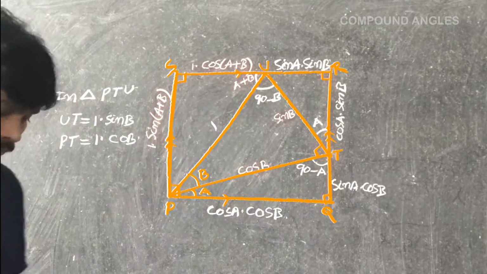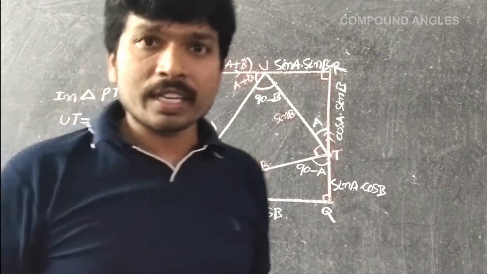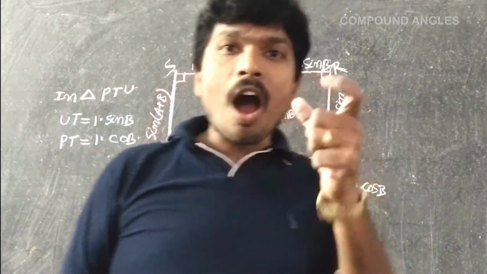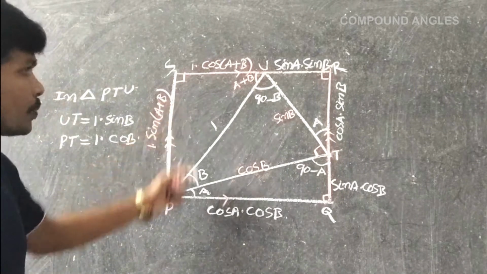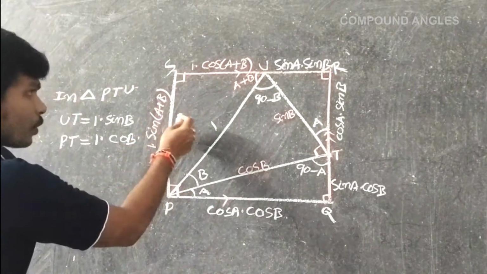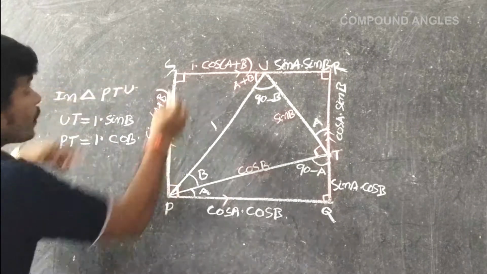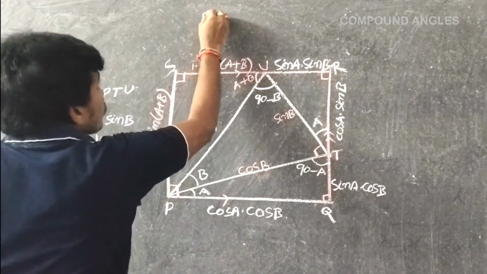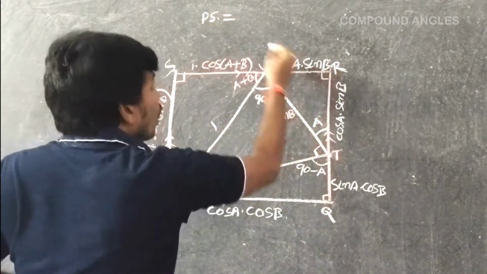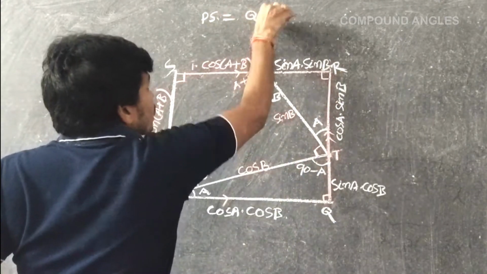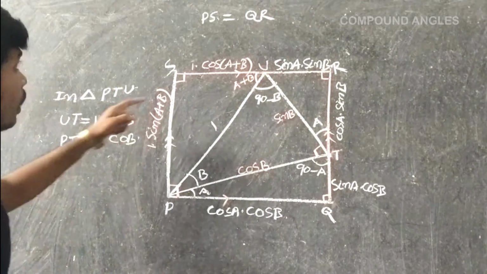So that's why. Now, do you know the properties of a rectangle? In a rectangle, opposite sides are equal. Yes or no? Just observe two opposite sides. PS is equal to QR. Yes or no? PS is equal to QR.